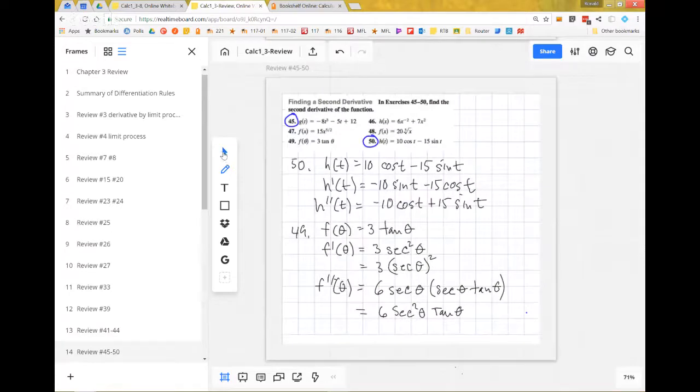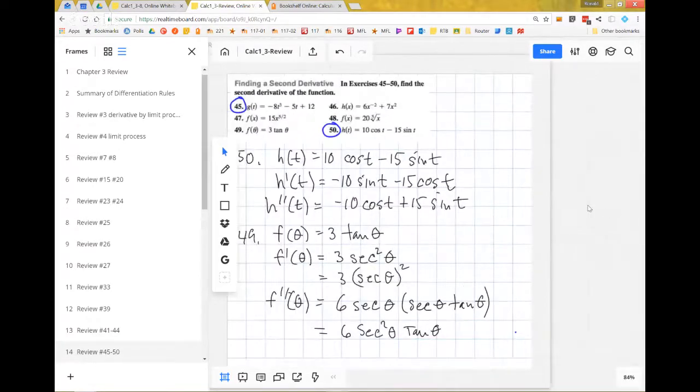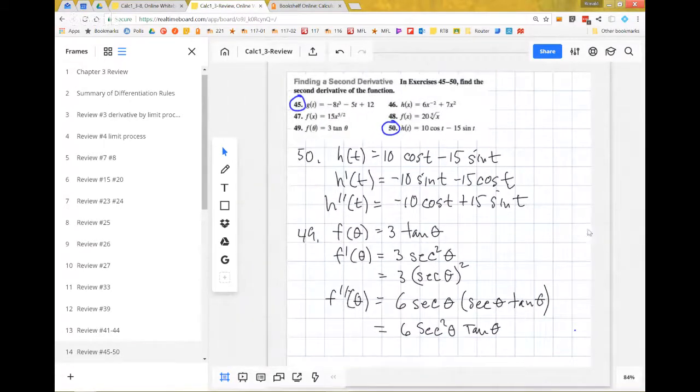Oh, yes. This is another thing we did in this chapter. It says find the second derivative. Of course, if you're going to find the second derivative, then you first have to find the first derivative. Okay, so let's do number 50. H of t equals 10 cosine t minus 15 sine t. So what's the first derivative?